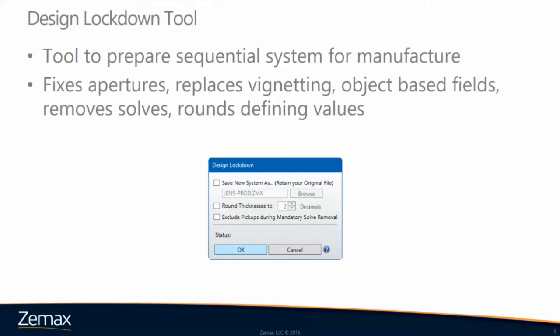Among the things that it does are it fixes the apertures in your optical system, it replaces vignetting with apertures, it converts to object-based fields, it removes any solves that you might have, and it also rounds defining values, thicknesses in particular, to some number of decimal places that are appropriate for the precision that you need for manufacturing.